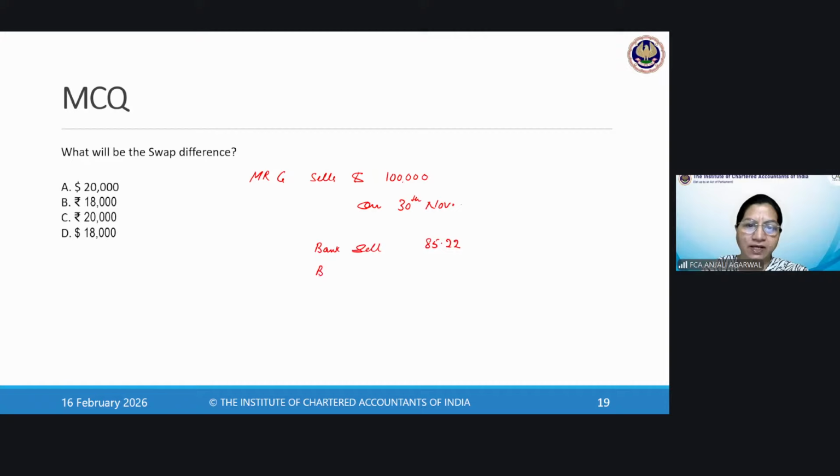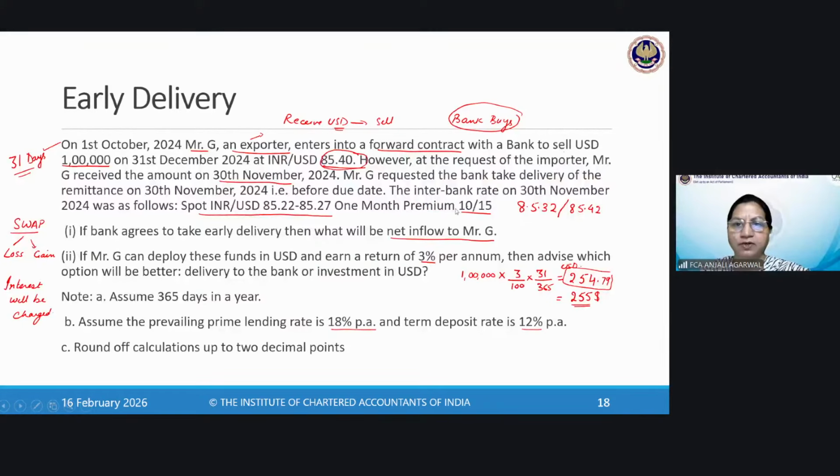And bank will again buy for 31st December on forward rate, because now Mr. G is not going to sell it to bank. So bank will need to buy it for 85.42. Bank will buy, which means ask.